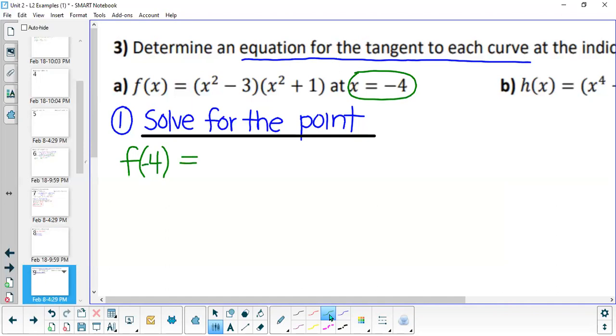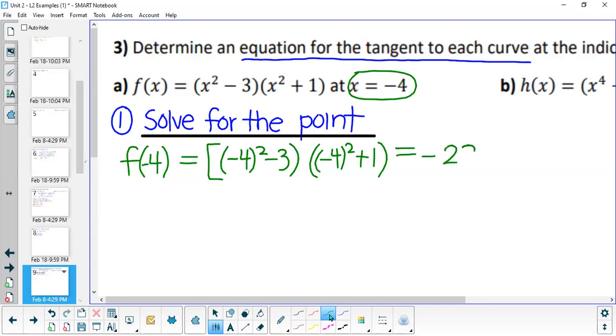So here I don't have to be so exact. I'm just substituting -4 squared minus 3 times -4 squared plus 1. Now, because these are all numerical values, you can just tell me the value. This is just like plugging into your calculator.